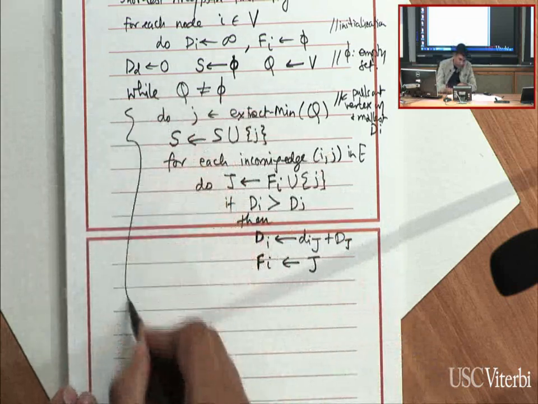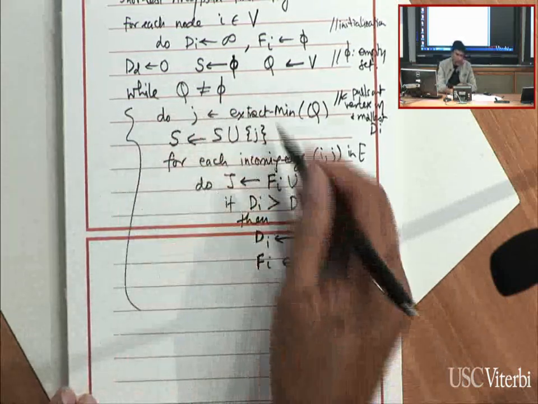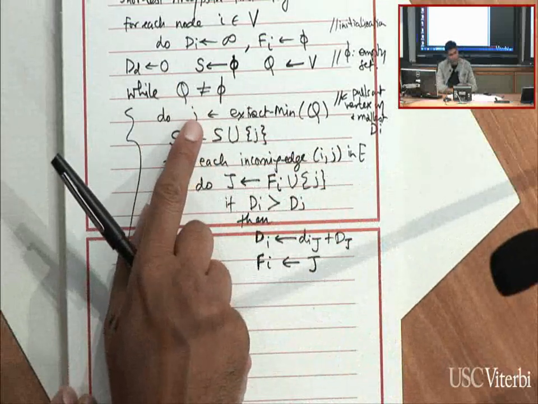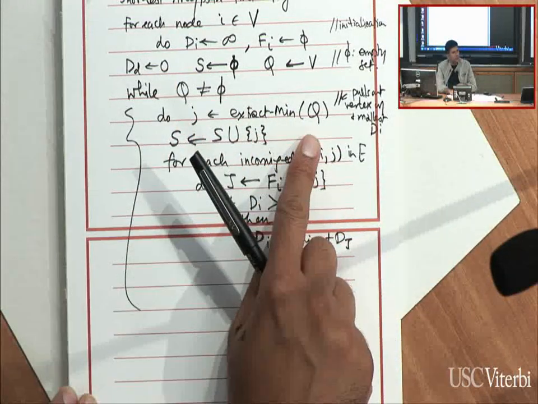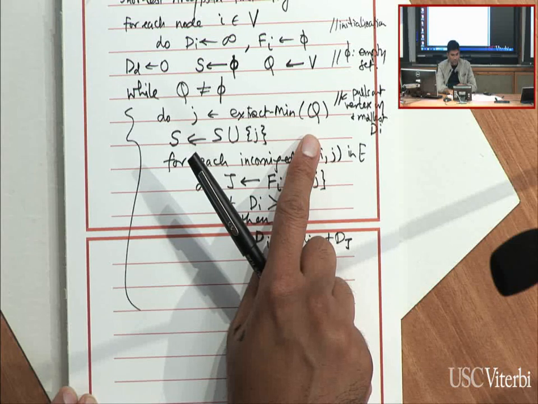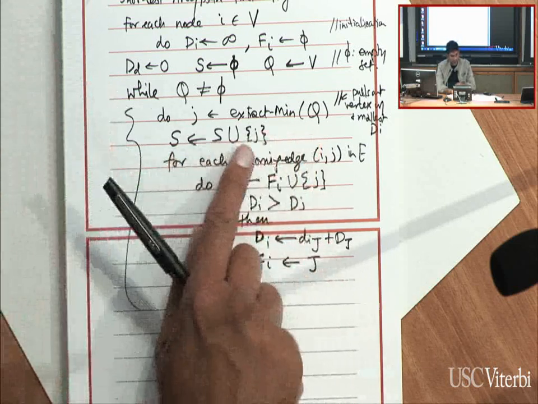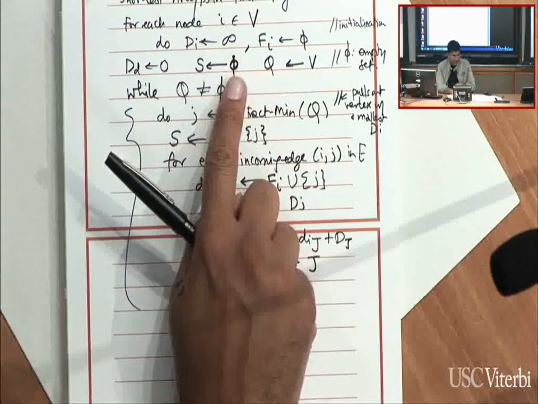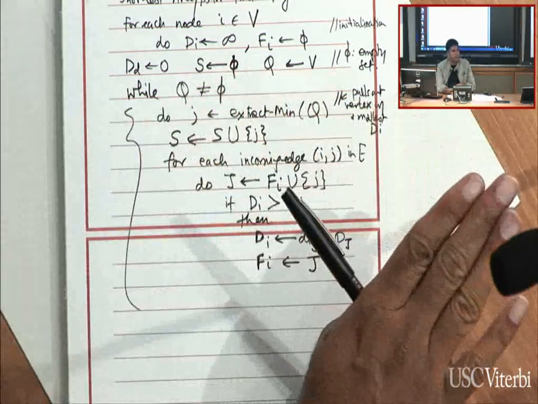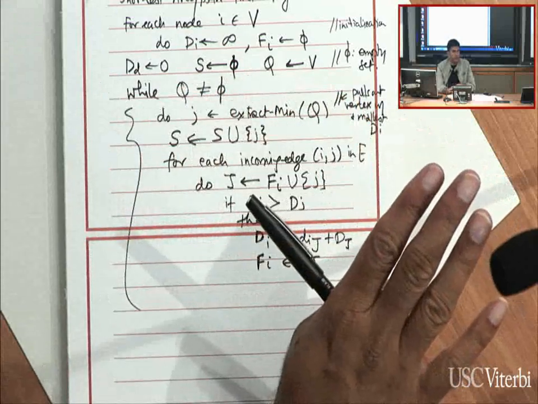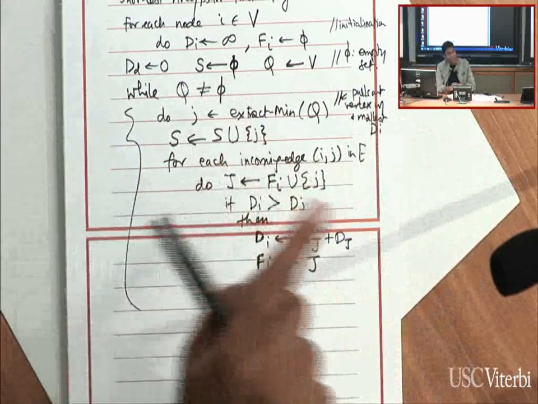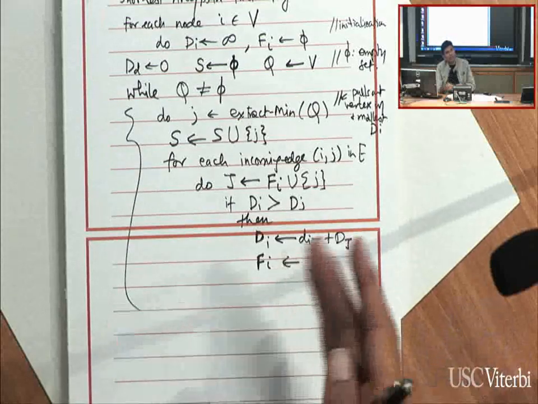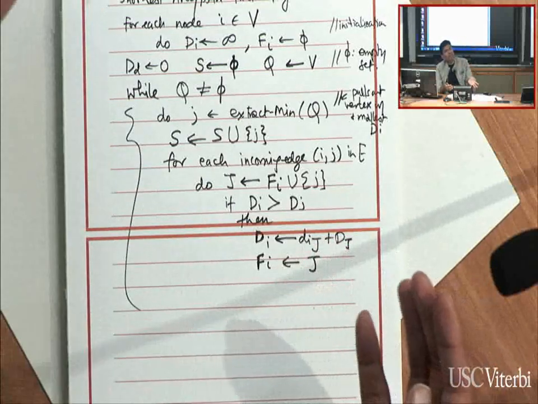So basically, this loop is the main code. It keeps running, and at every iteration it pulls whichever node has the shortest distance to the final destination at present. It makes that node part of the set of nodes for which we've settled the forwarding set. We're not going to compute anything more about this node. Then for everybody that has an edge to this node, we check whether it would make sense to make j a member of the forwarding set of those incoming neighbors.